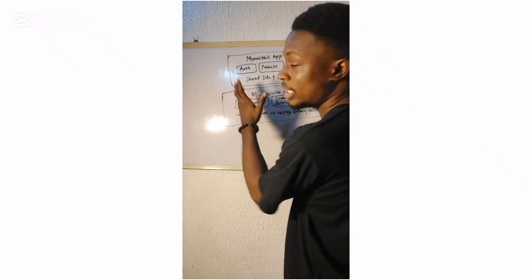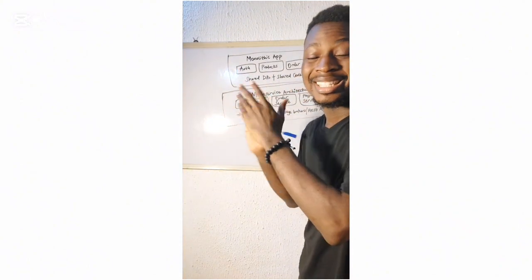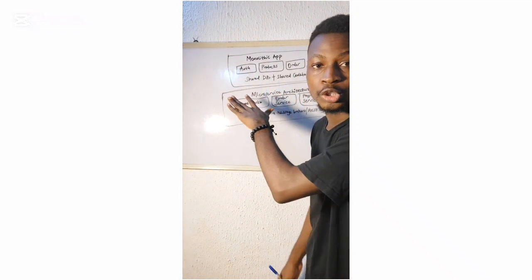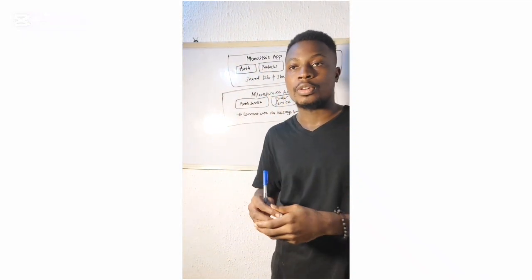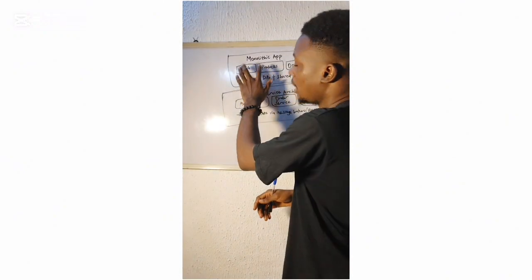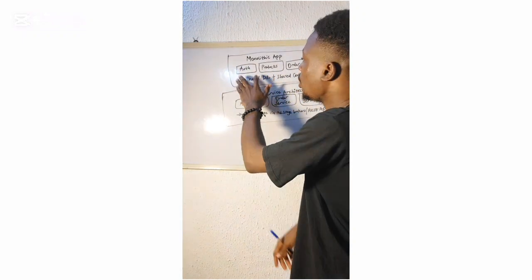So in the monolithic architecture, we've got all our functionalities in the same code base. They share the same code base. Our authentication functionality, like the functionalities for users signing up, logging in, logging out, we have it in our authentication page.